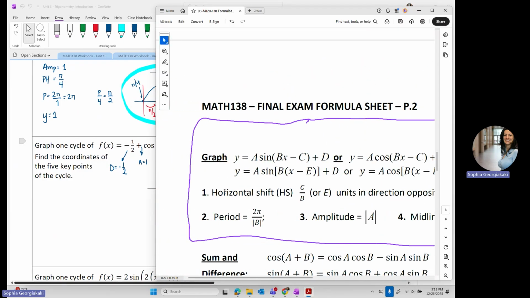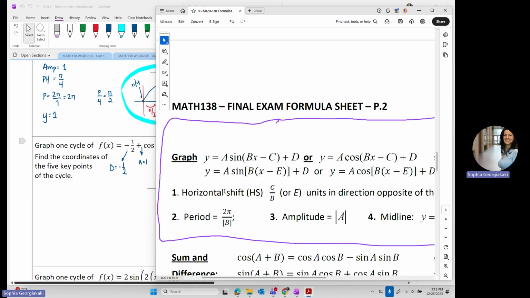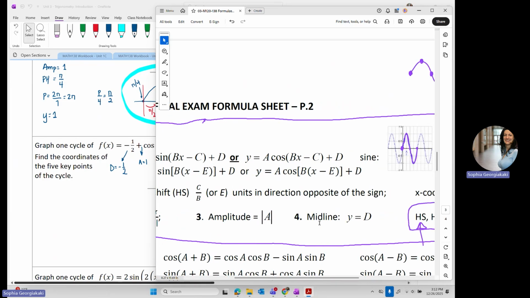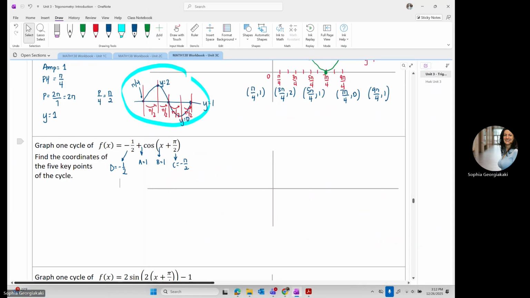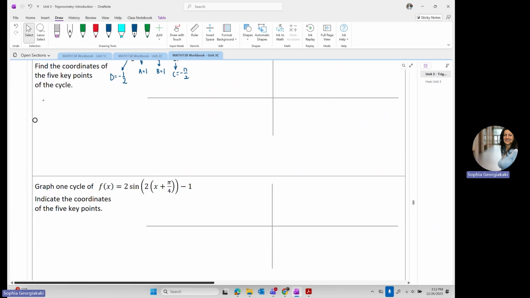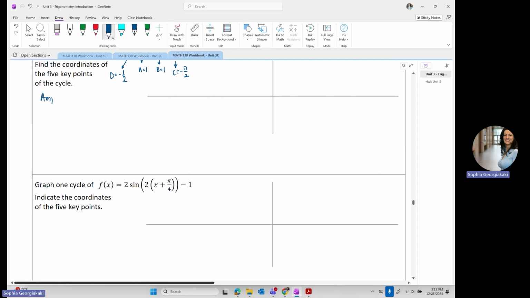We want to say, what's the horizontal shift? C divided by B. What's the period? 2 pi divided by B. What's the amplitude? Absolute value of A. What's the midline? Y equal to D. Then find the coordinates of the 5 points. So A equal to 1 means the amplitude is equal to 1.